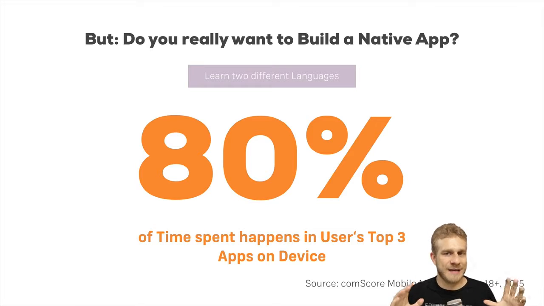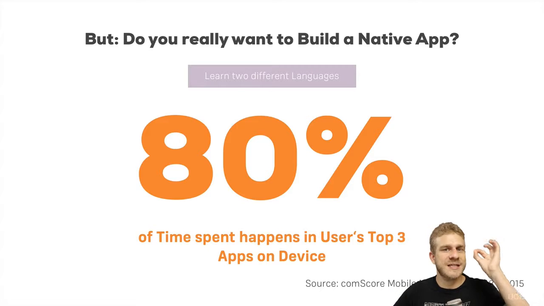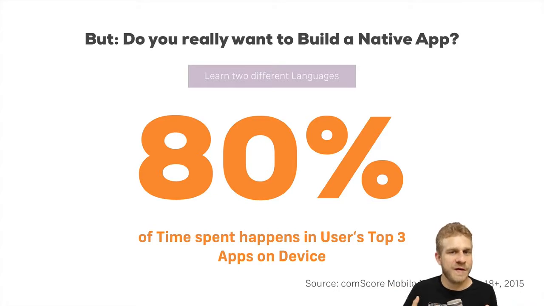How many new apps do you guess does the average user install per month on his phone or her phone? Did you guess something? 1, 5, 10? It's 0. Absolutely 0. The average user doesn't install a new app. You install new apps if you have a new phone, but thereafter you rarely add new apps. These are the statistics. That makes it clear that the web has something big to offer.